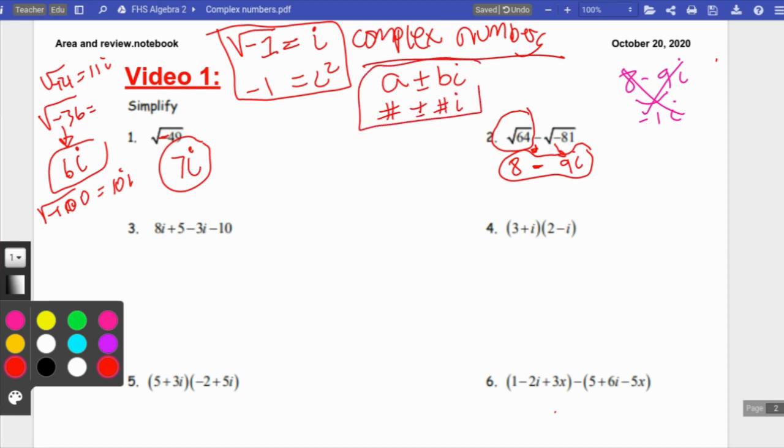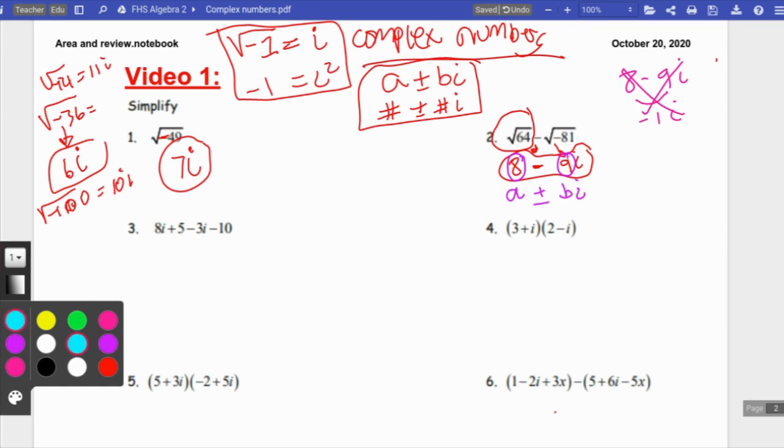That's another thing that goes in your notes, which is very important. We have an 8, which represents a, plus or minus a number here, which is b with the i. That's how you know you stop.